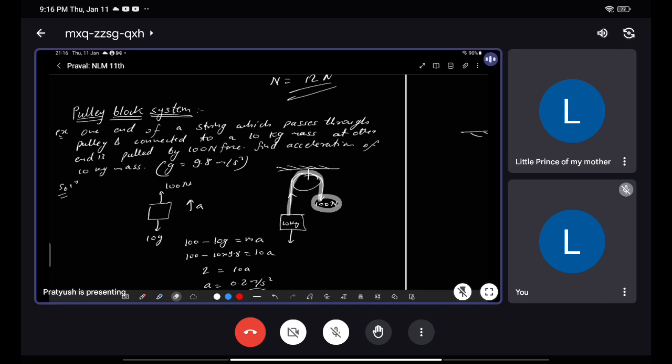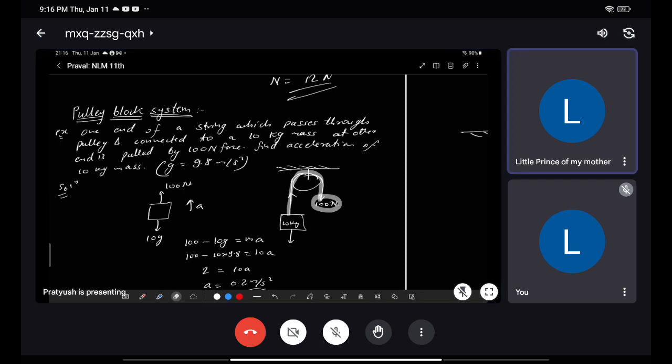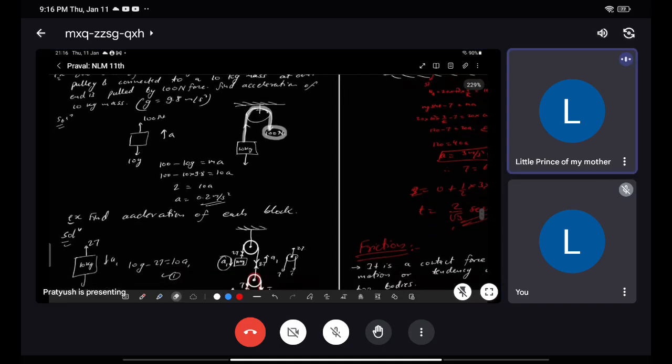Because the string which we have taken is inextensible. It is not stretching itself like a rubber band, so the length of the string will remain constant. If the length is increasing, then the pulley is not massless.